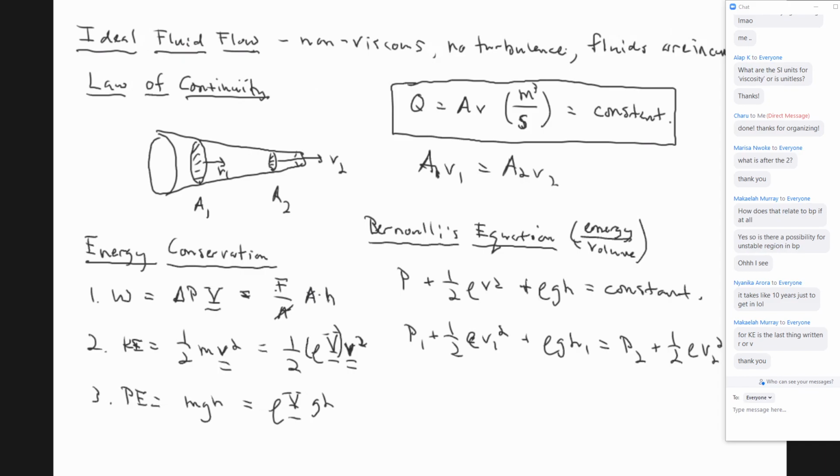So it's relatively how high you're moving up or down, right? And this is Bernoulli's equation. Energy conservation, given the fact that we know that the volume is always constant for an idealized fluid, okay? So with that, you get a bunch of relationships comparing fluidic flow from across one section versus another section, right?